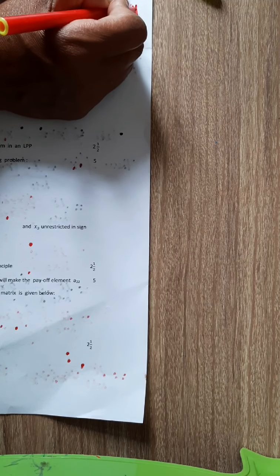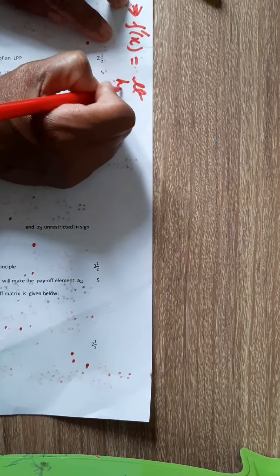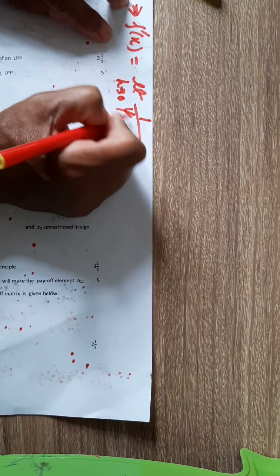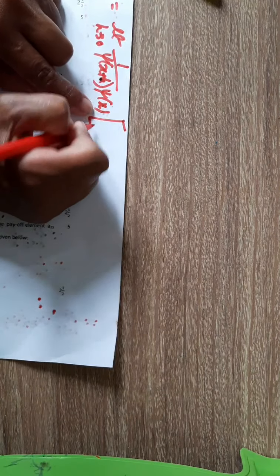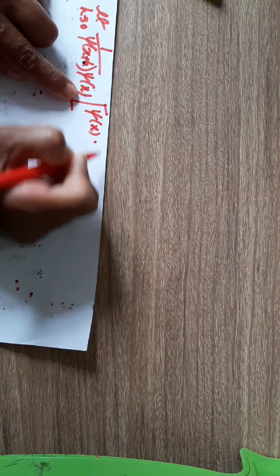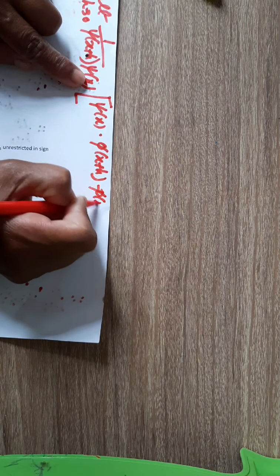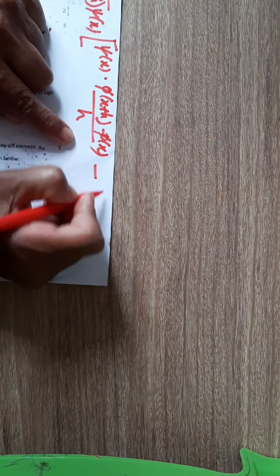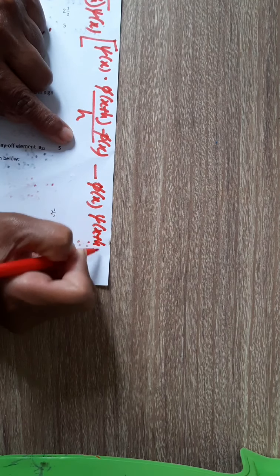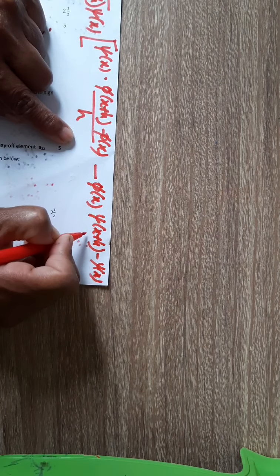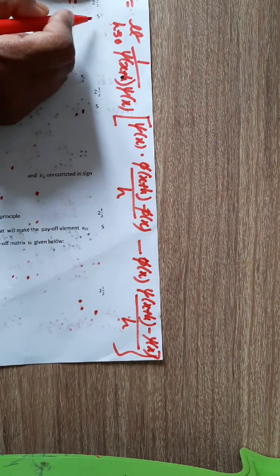So this implies that f prime of x is equal to limit h tends to 0, 1 by psi of x plus h into psi of x. So the term here will become psi of x into phi of x plus h minus phi of x divided by h, minus phi of x into psi of x plus h minus psi of x divided by h. So here you can apply the limit.